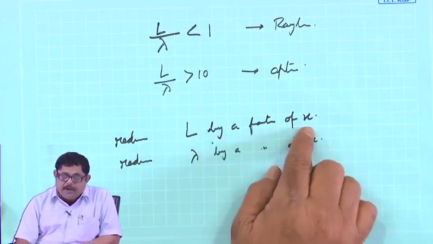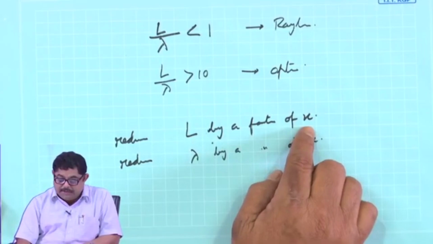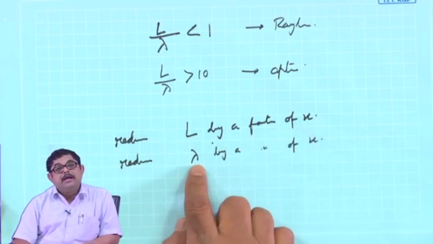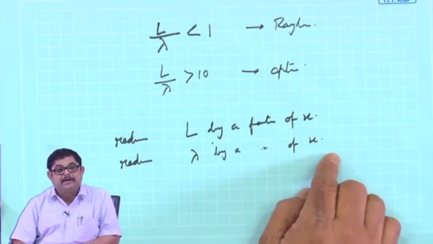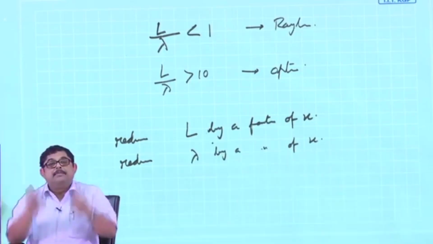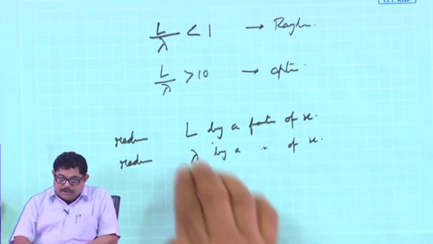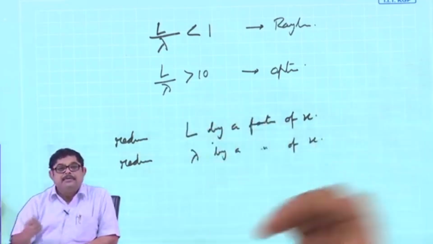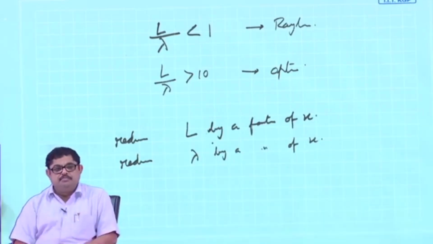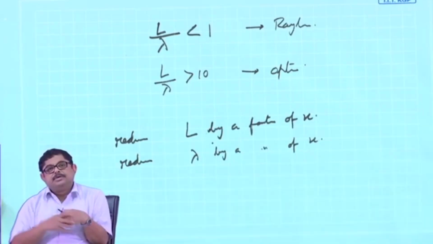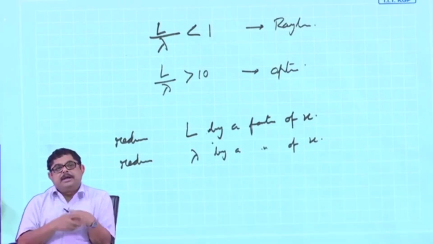When you are making a scaled model measurement, you will have to scale lambda, that means lambda also you reduce by that factor, that means actually you scale up in frequency. Suppose a typical fighter aircraft is 4 meters.